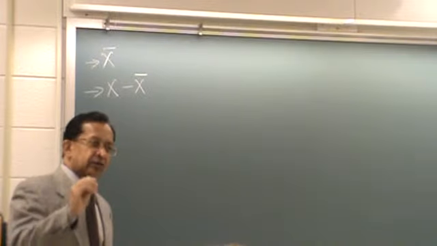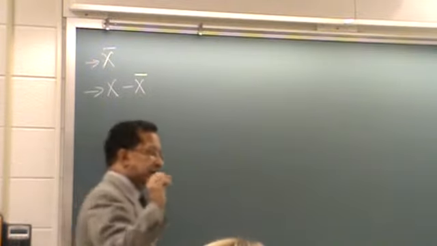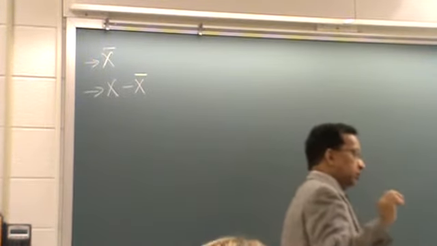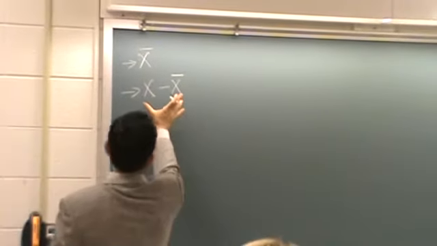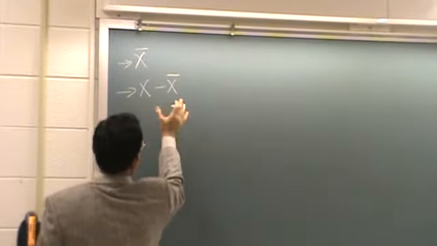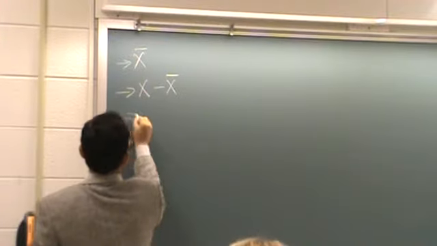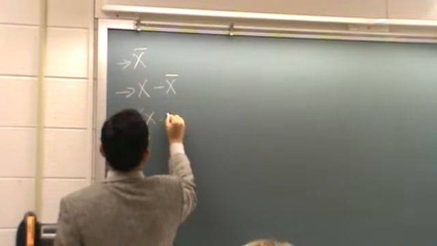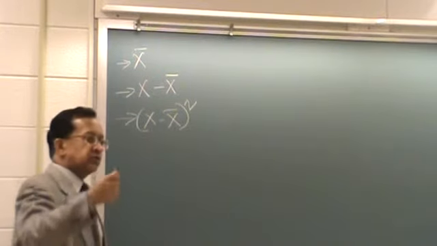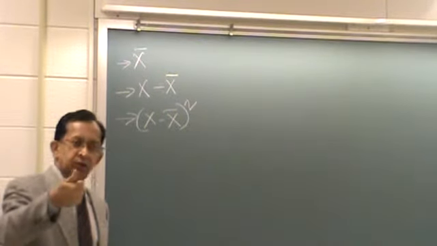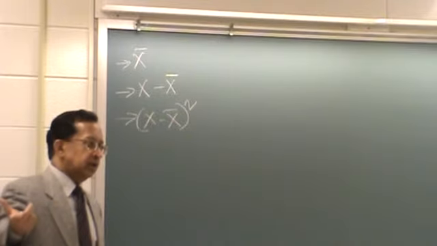When you have a negative sign, we cannot handle that, because calculating those negatives doesn't do any good. So the best way to handle that, each deviation, this is called deviation, we square those. So it will be X minus X bar squared.